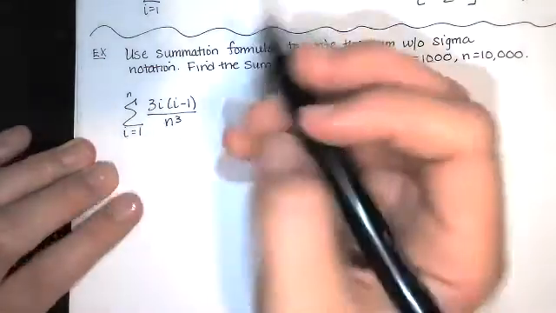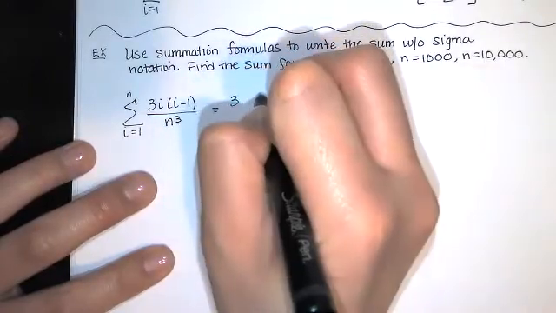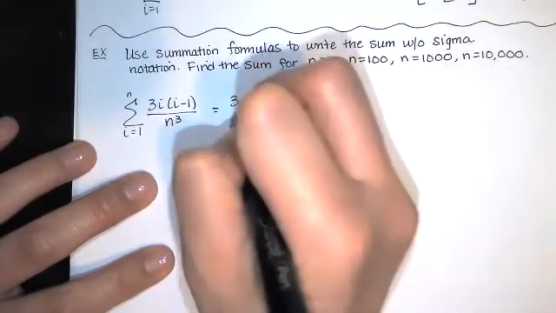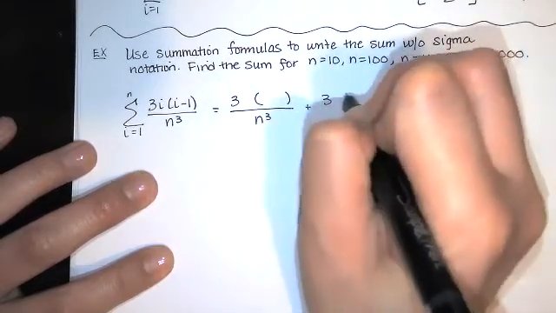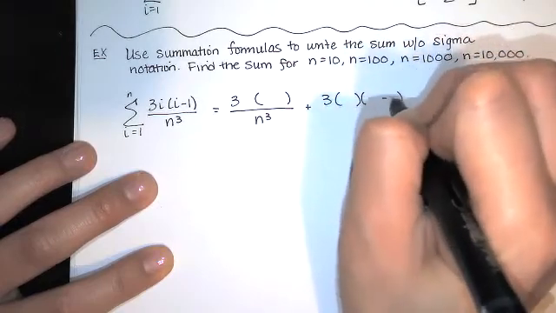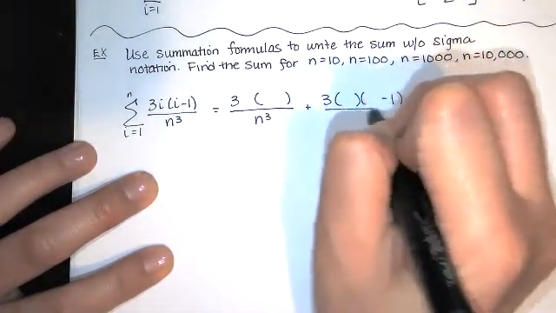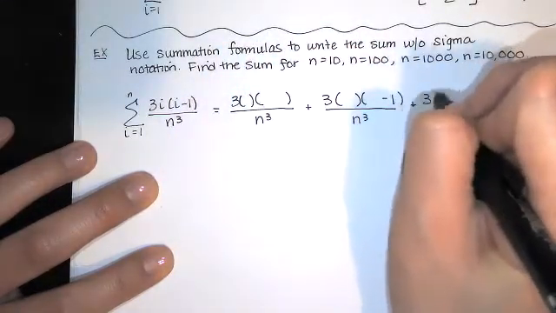So this says start at i equals 1. So when i equals 1, we'll get 3 times 1 times 1 minus 1 over n cubed. When i equals 2, we'll get 3 times i, which is 2, times i, or 2 minus 1 over n cubed, and so on. You just keep going like this.